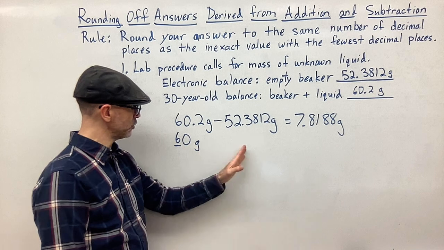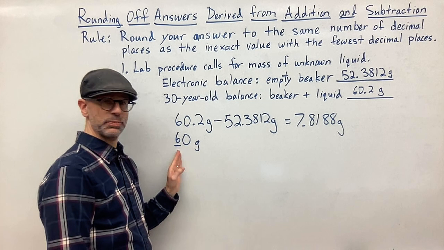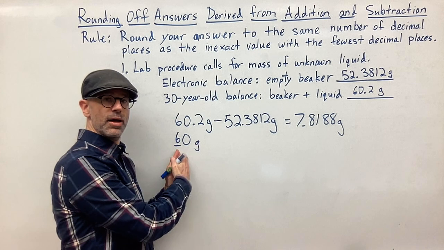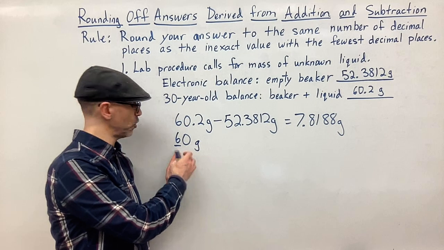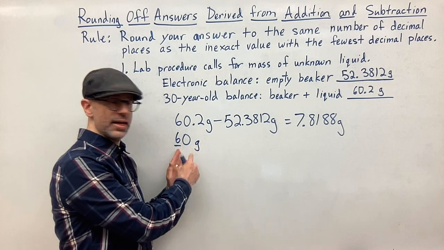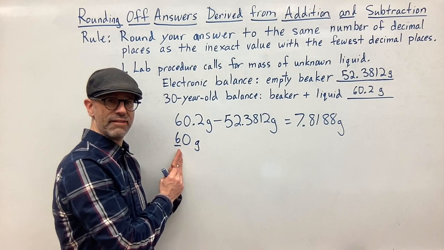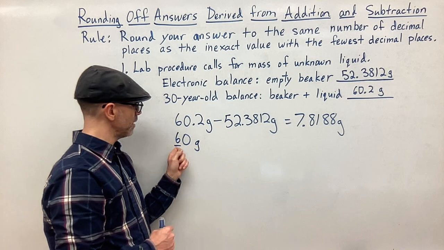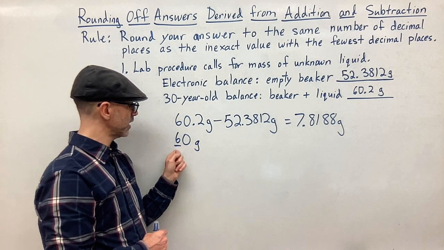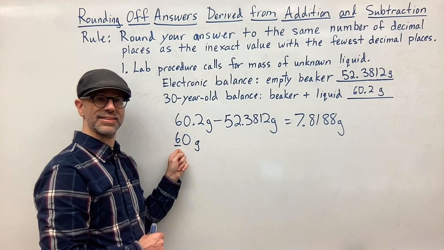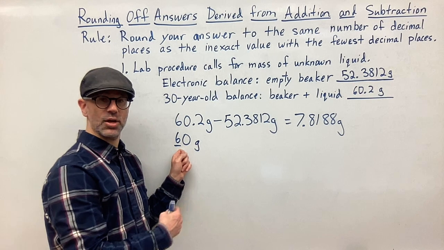So my answer should only be given up to the tens place, and anything after that would have to be held by a 0 or some sort of placeholder. So I'd have a 0 in the ones place to hold that, and I wouldn't have any zeros after the decimal point. So the better way to think about it is, instead of decimal places, you want to think in terms of which place is the least precise.